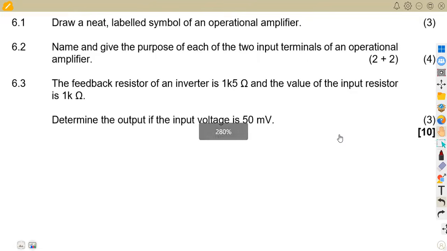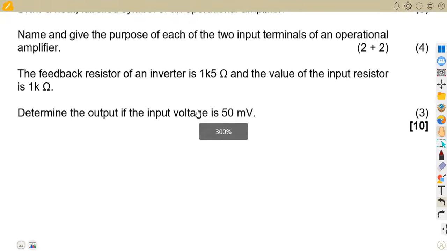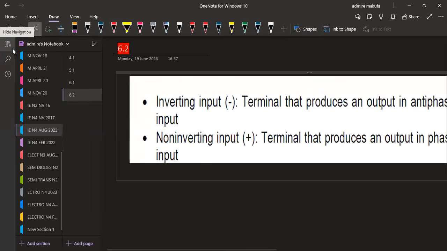And so 6.2: give a name and give the purpose of each of the 2 input terminals of the amplifier. Remember, at the input there is an inverting and a non-inverting terminal, inverting being negative, non-inverting being positive. So now they need the purpose or the use of those terminals.